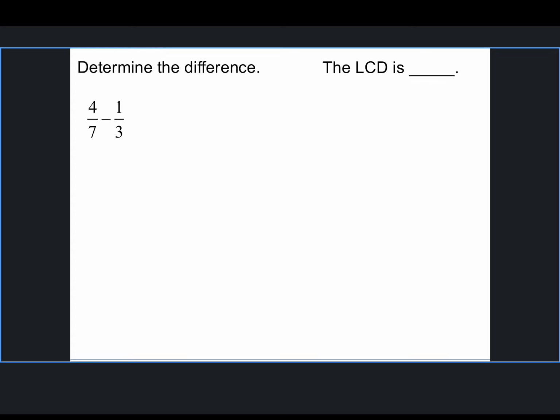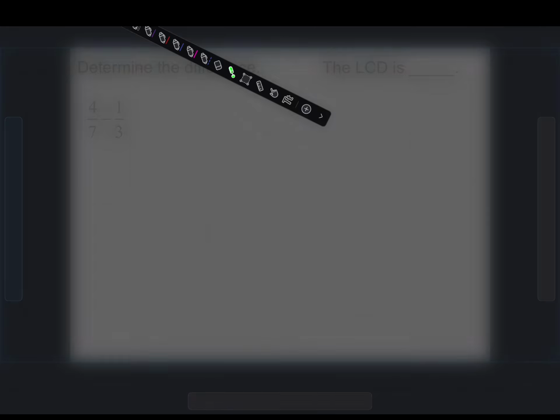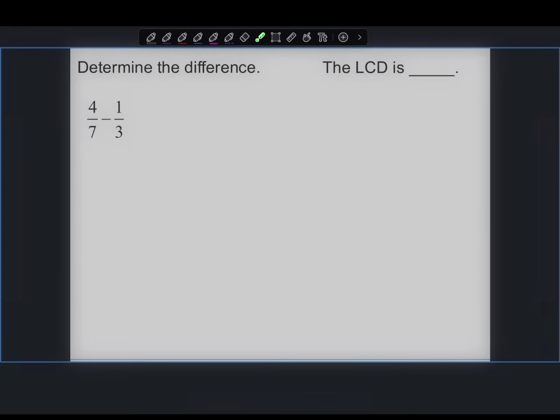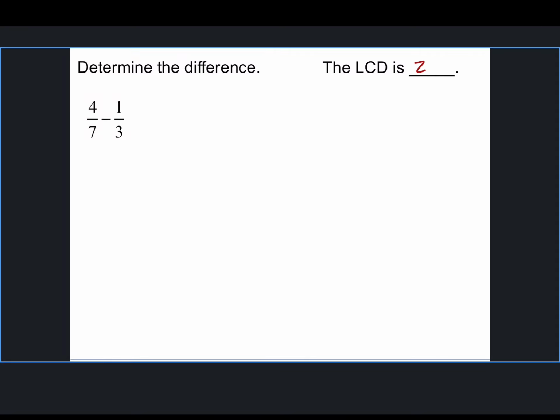Okay, what's our LCD? 21. How did you get that? You didn't guess it, right? 7 times 3 is 21. So if we take 4 over 7, we need to multiply by what?